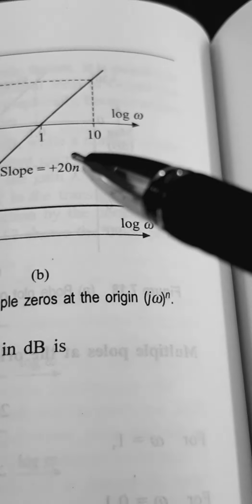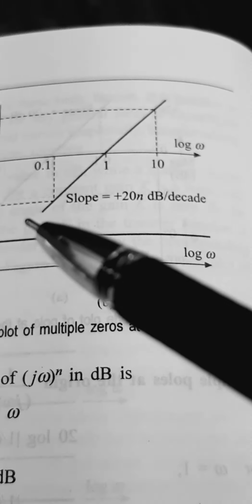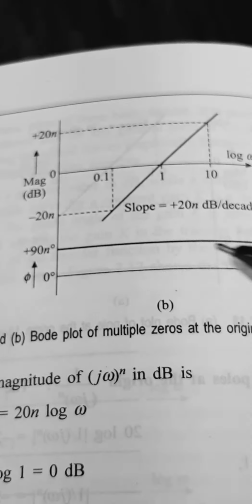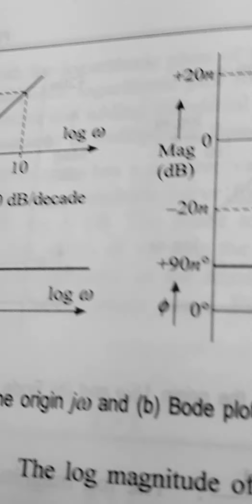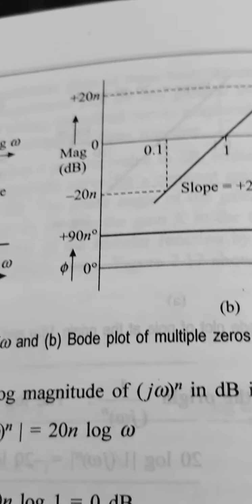That means plus 20 into 2, so you will get 40 dB per decade. It has a slope of plus 40 dB per decade. And angle is plus 90 degree into n. Here n is 2, so 90 into 2, so you are getting 180 degree.